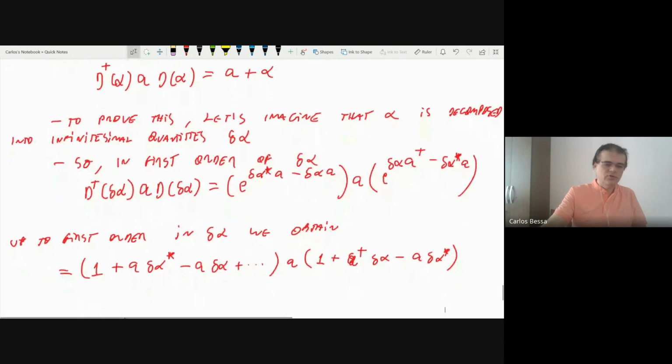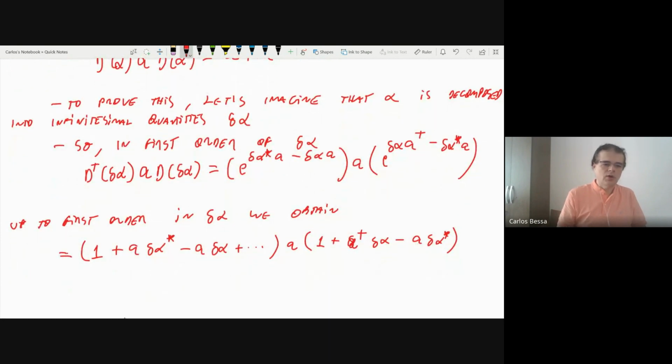So we can see in first order in delta alpha that this could be written as a plus a multiplied by delta alpha a dagger minus delta alpha conjugate a, plus delta alpha conjugate a minus delta alpha a dagger times a.